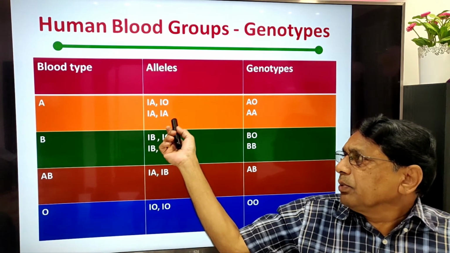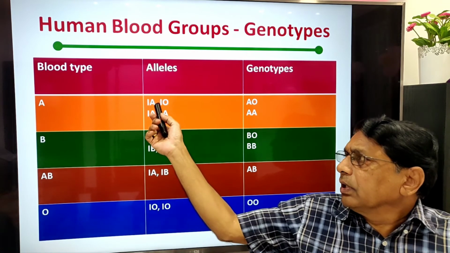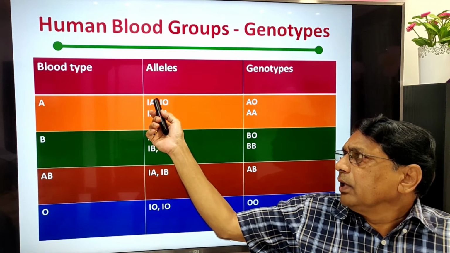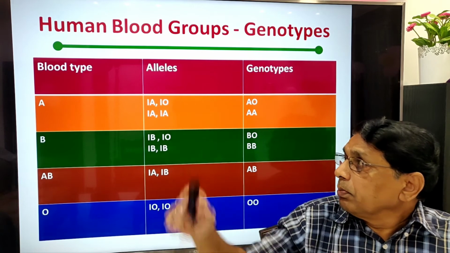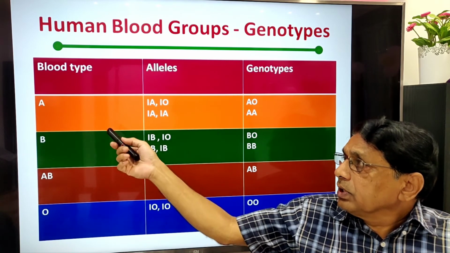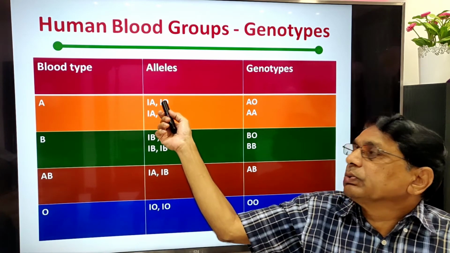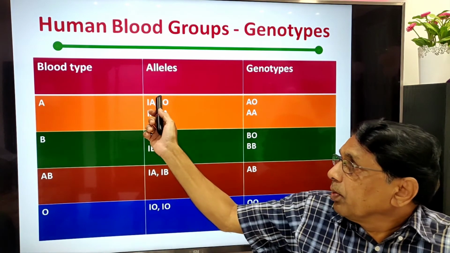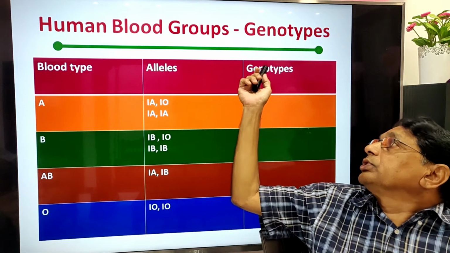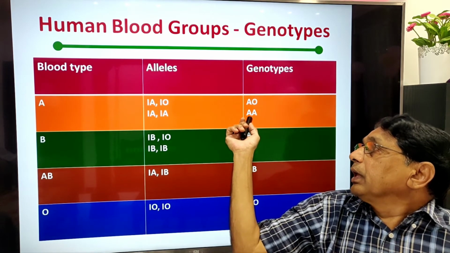Both alleles are the same in AA, homozygous, but in AO it is heterozygous. One allele is A, another is O. But even if O is there, he is referred to as A group because O is recessive and A is dominant. Therefore, genotypes AO, AA.